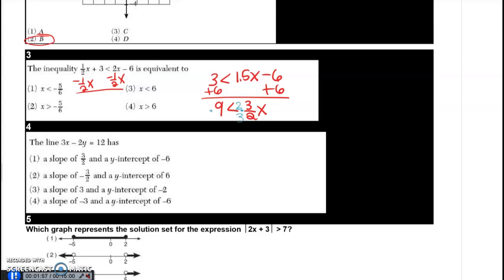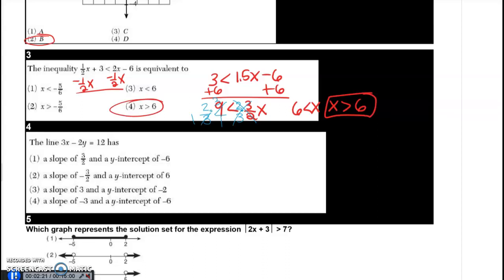You could also just divide by 3/2 on your calculator, but that would ruin the fun. So if we simplify like this, we're going to get 6 is less than x, so x is greater than 6. Okay, so that would give us 4.